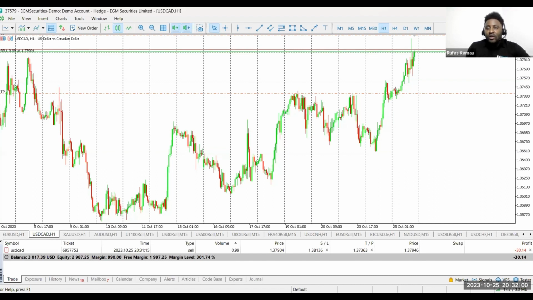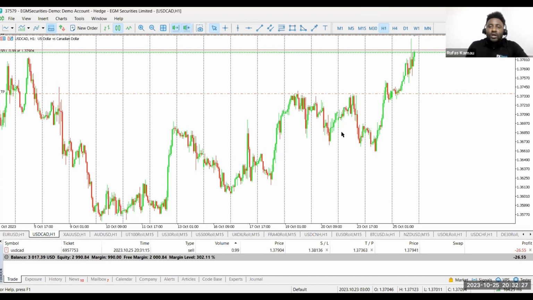So rather than doing all that, just do a sample trade on your demo account, see how it plays out, how much you'd be risking on your stop loss versus how much you'd be risking on your take profit. And if you are now comfortable with that amount, then all you have to do is to log in to your live trading account and then execute the same trade with that lot size that you have determined for yourself.